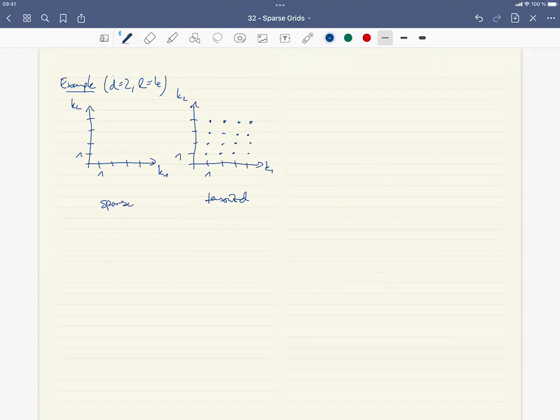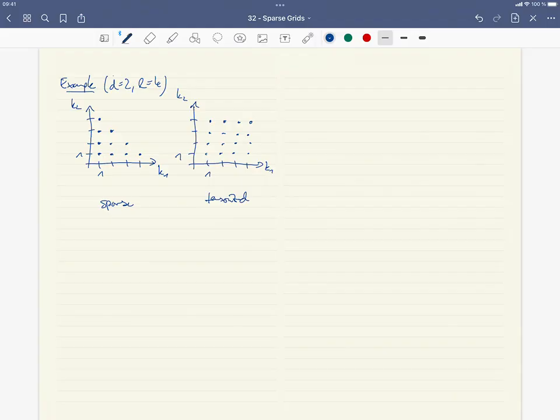In the sparse case, I'm running the sum up to L plus D minus 1. L is 4 and D is 2, so 6 minus 1 is 5. Here in K_1 equals 1, it goes up to 4 because then the sum is 5. If it is 2, it goes up to 3 because then the sum is 5. If it is 3, it goes up to 2, and if it is 4, it goes up to 1, because the sum is 5. So this is where the multi-indices run in the sparse case.